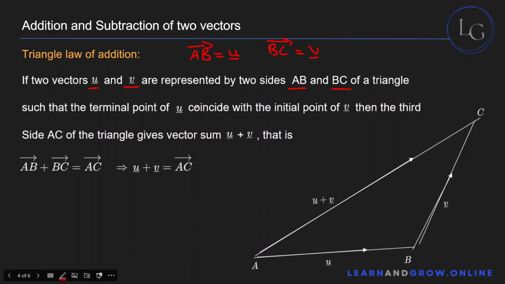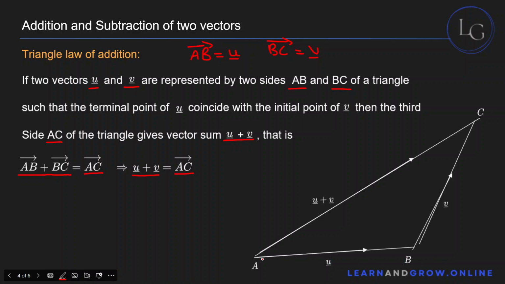This is a very important thing to remember. The head of u coincides with the tail of v. Then the third side, AC, that goes from A to C, gives you the vector sum u plus v. So AB plus BC is equal to AC. Simple, really. And that just means u plus v is equal to AC.